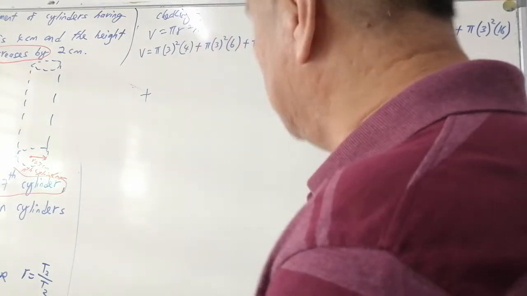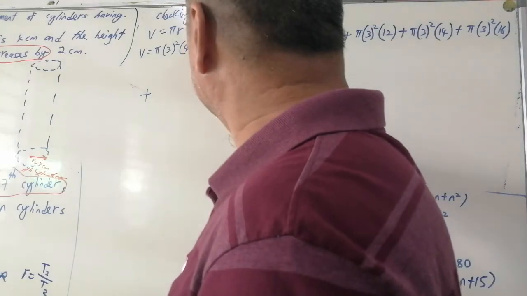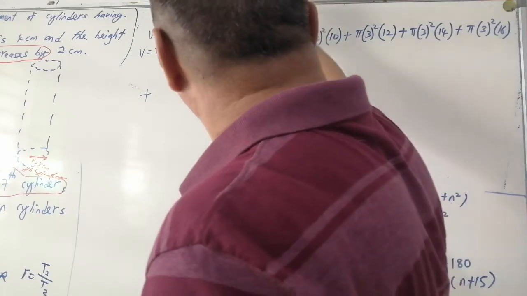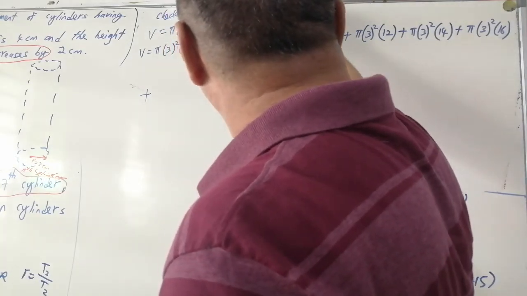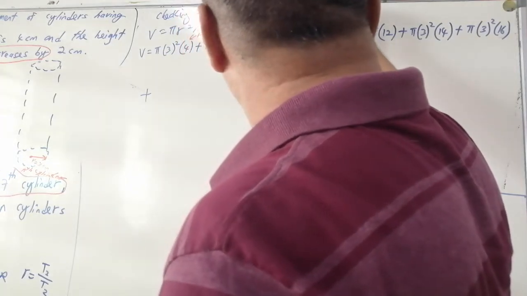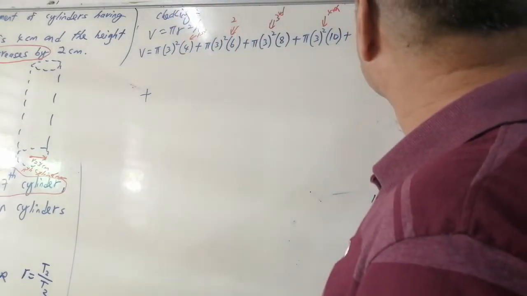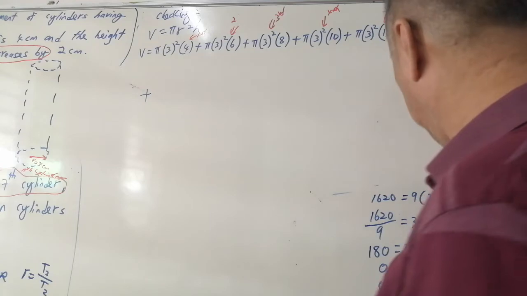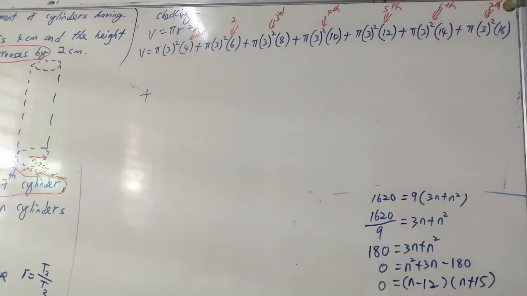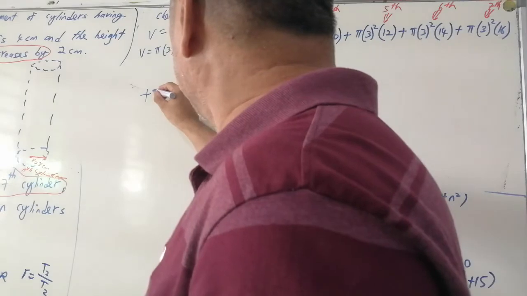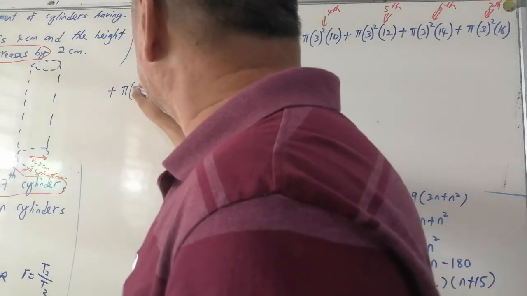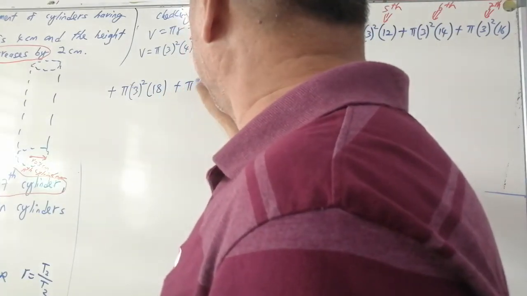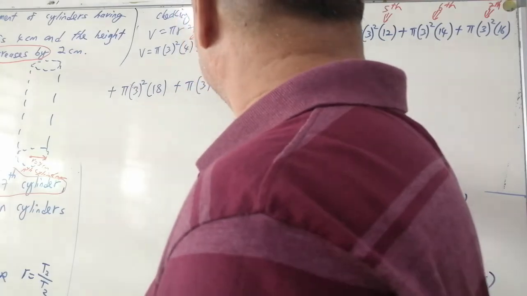So I'm checking. This one is my first cylinder, this one is my second cylinder, this one is my third cylinder, this one is my fourth. Okay, but I need 12 cylinders, not enough. Then plus pi 3 squared. The height is increased by 2, now 18. Plus pi, increased by 2, 20.